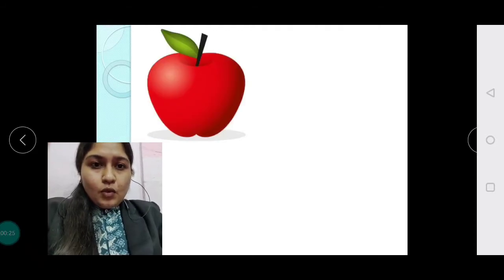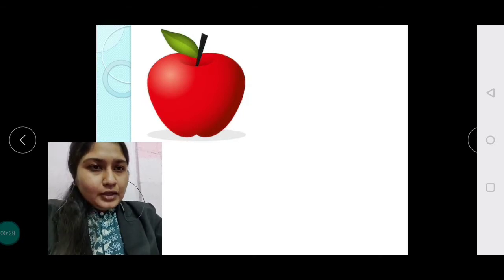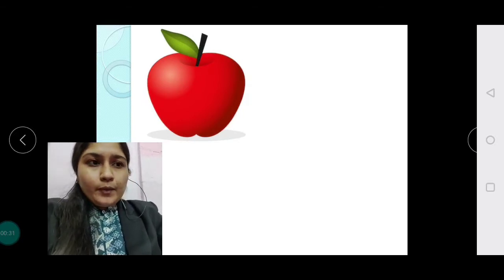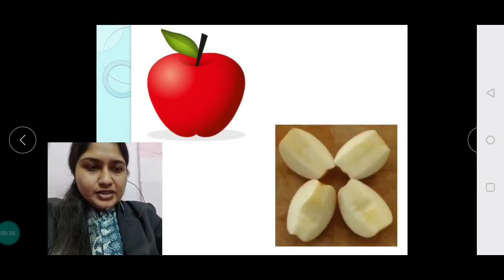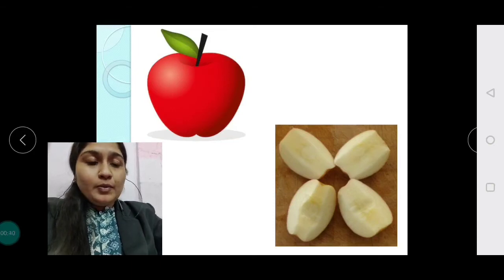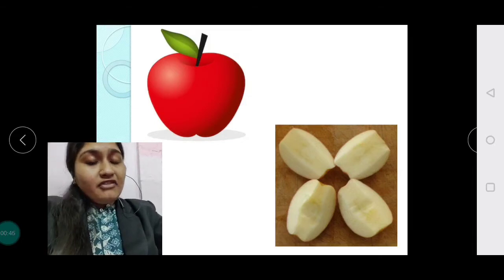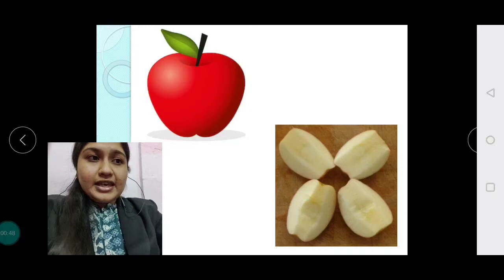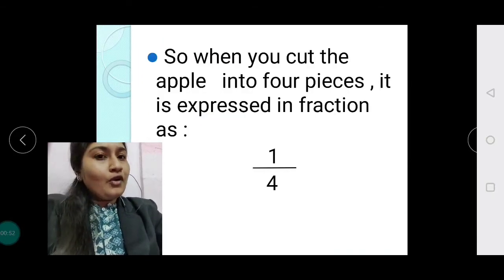So, students, what do you see here? Yes, an apple. When I'm cutting this apple into 4 equal pieces, right? जब मैंने इस एप्पल को 4 इक्वल पार्ट्स में कट कर दिया, सो स्टूडेंट्स सोचो कि हमारा फ्रैक्शन क्या हो जाएगा. Yes, the fraction will be 1 upon 4 और 1 by 4.